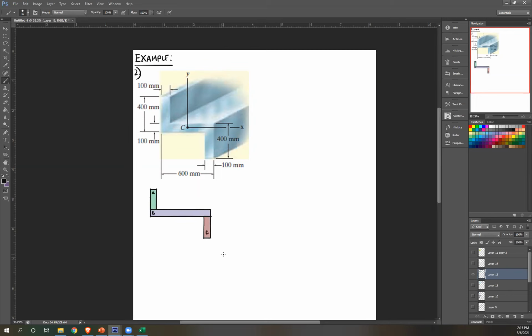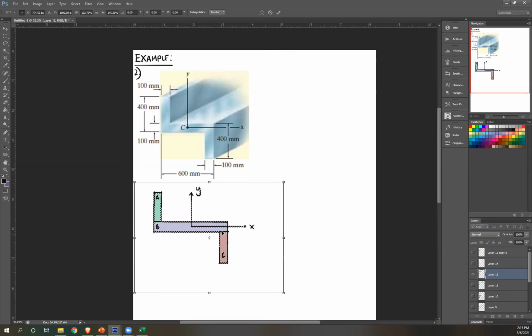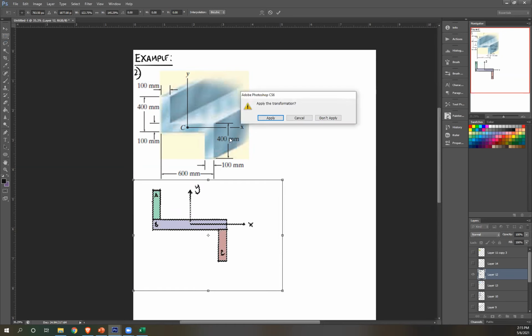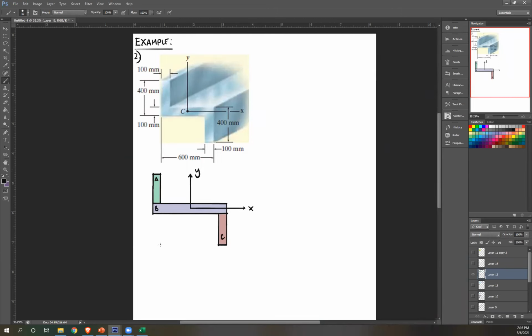And the centroidal axis is here, this is your C. This is your X centroidal axis, and this is your Y centroidal axis. You can start with whatever segment. For me, I want to start at B because the centroid of B is directly at the centroid of this axis as well.